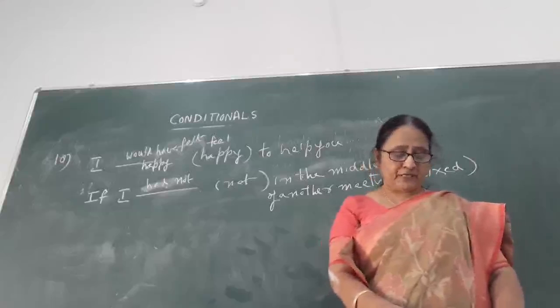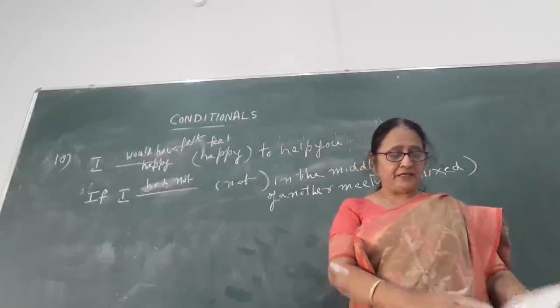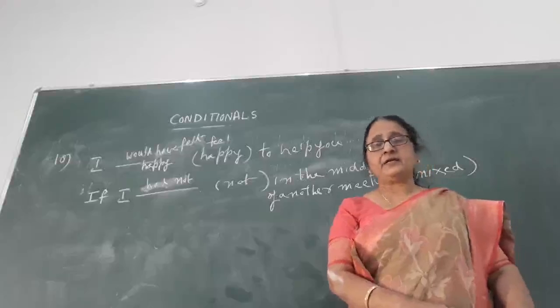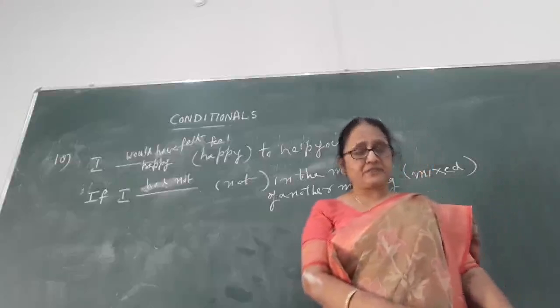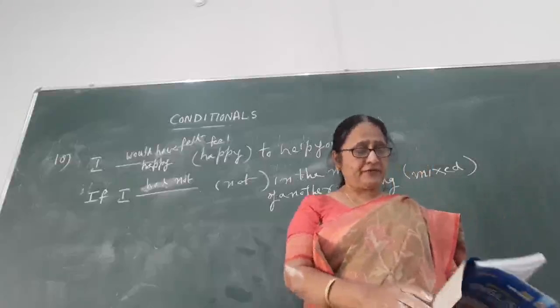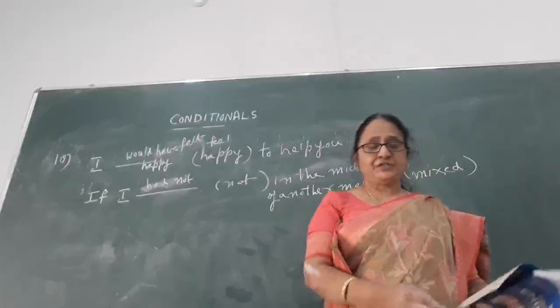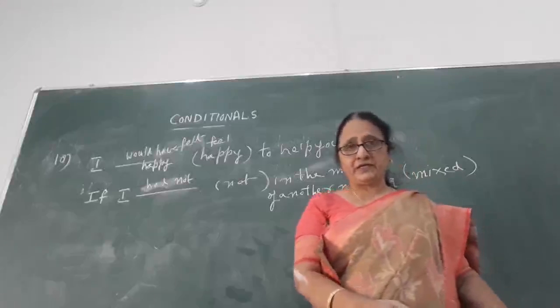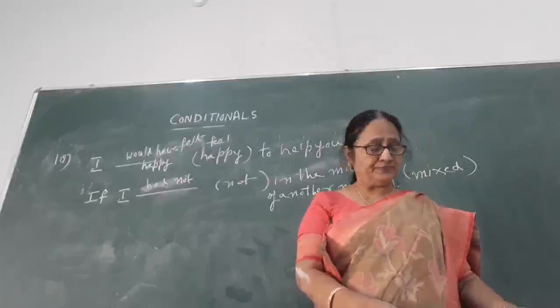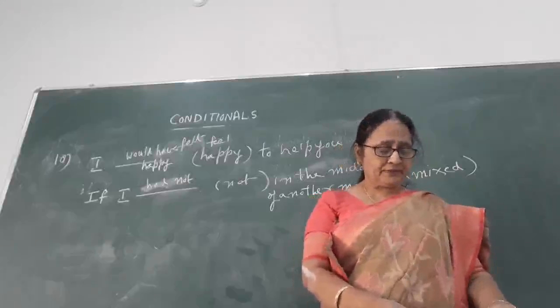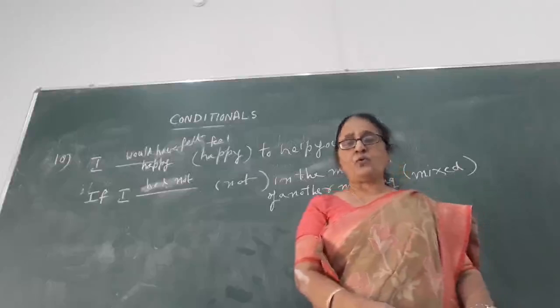Second one, if I find your key. If I find your key, then the correct one will be H: if I find your key, I will call you. Third one, the door opens.